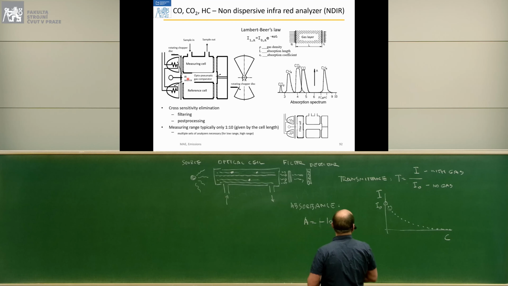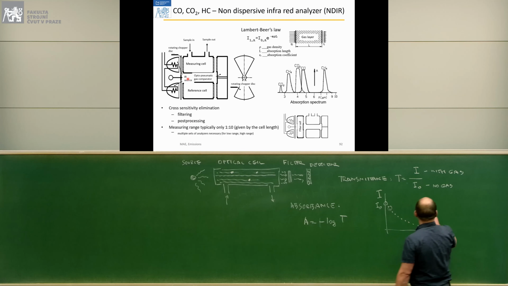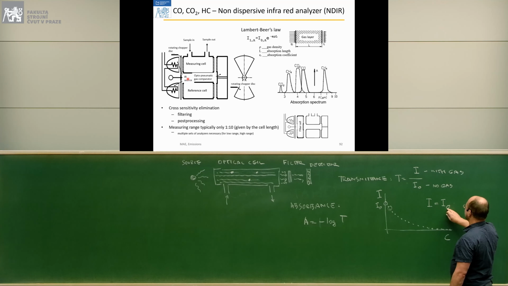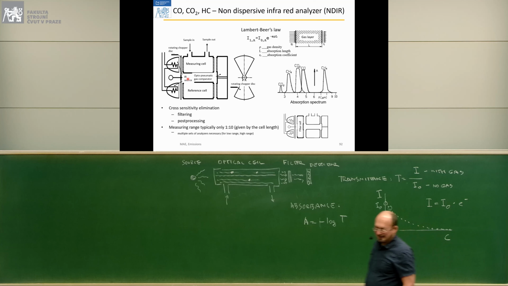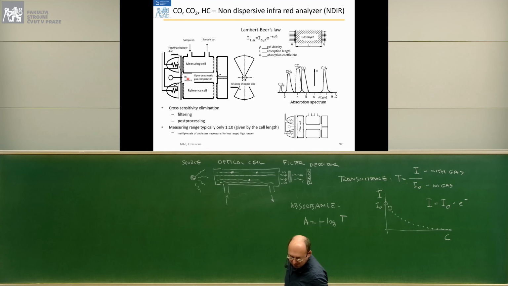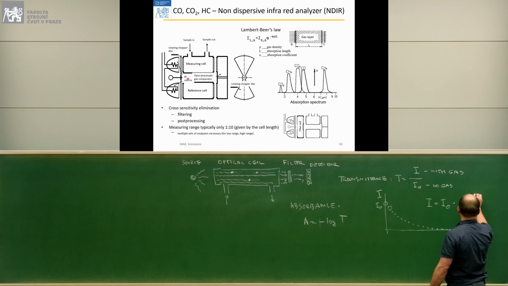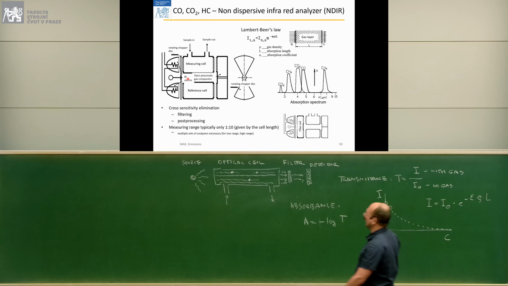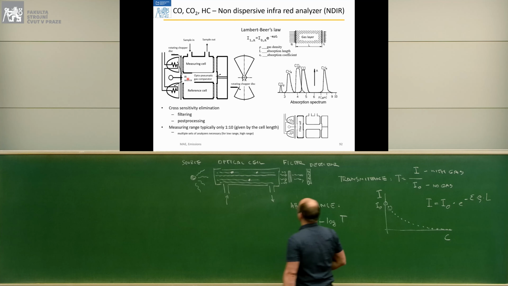According to Lambert-Beer law, the intensity is the intensity at 0 concentration times e to the minus, and you have some absorption coefficient times the density of the gas times the optical length of the optical cell.